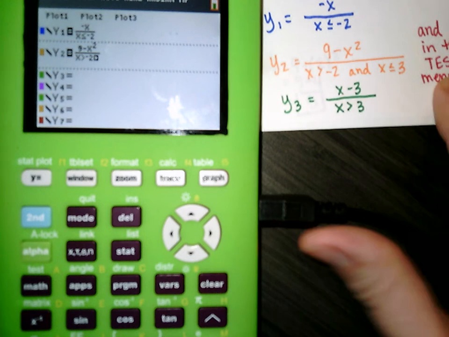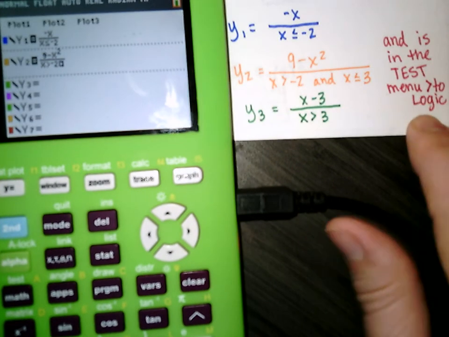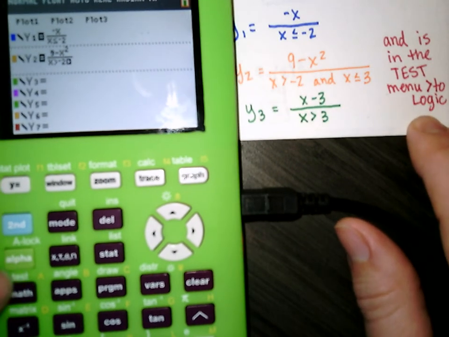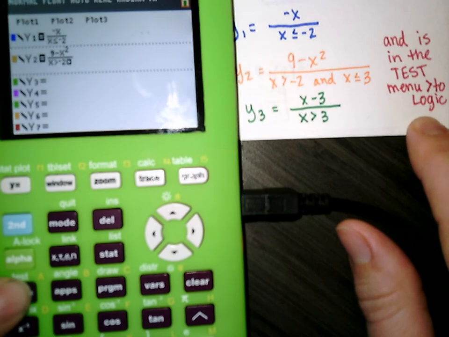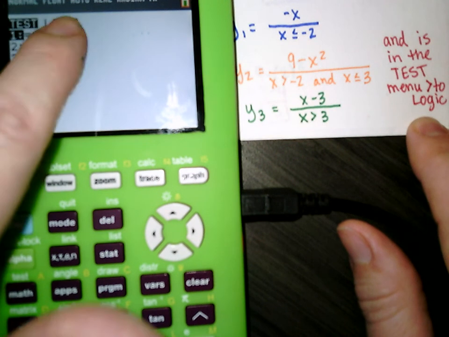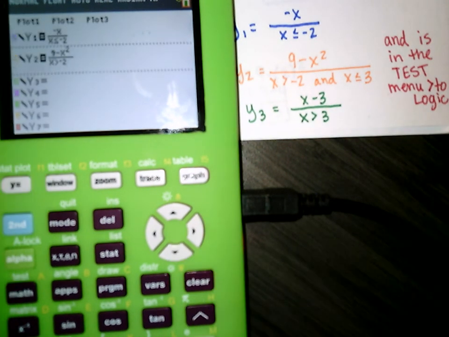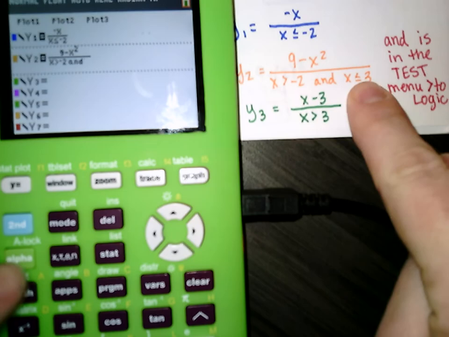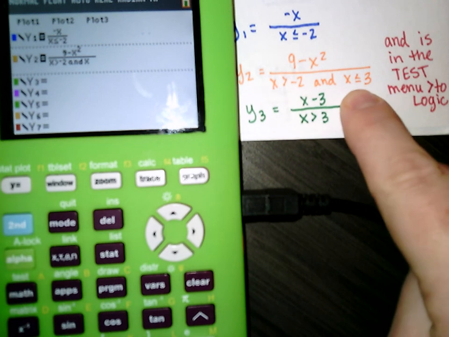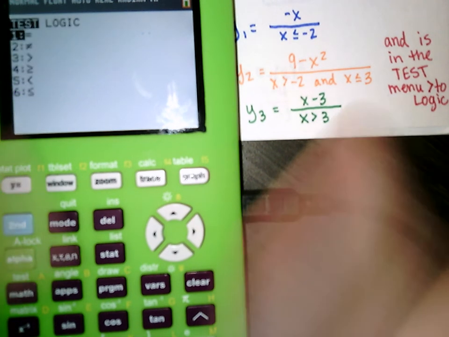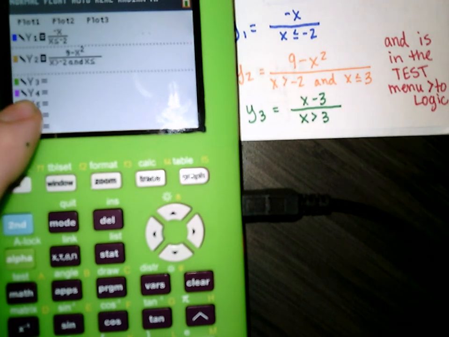The word and is in that test menu, but we have to arrow over to logic. So I'm going to push the test menu, which remember was second math, and then arrow over to logic. So arrow over, and there's the word and, then x is less than or equal to 3.